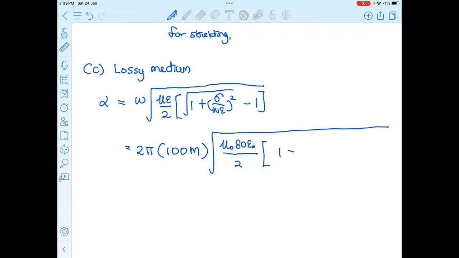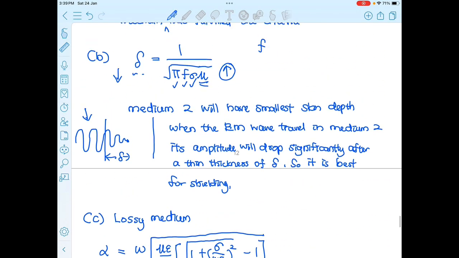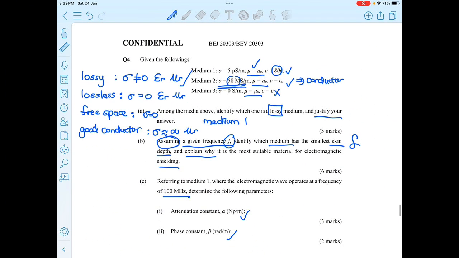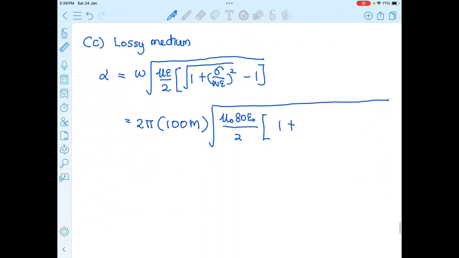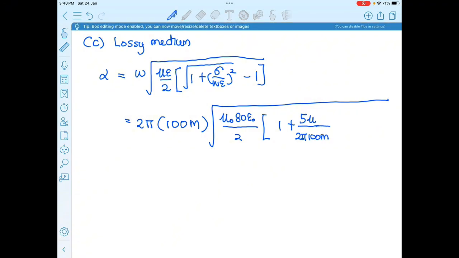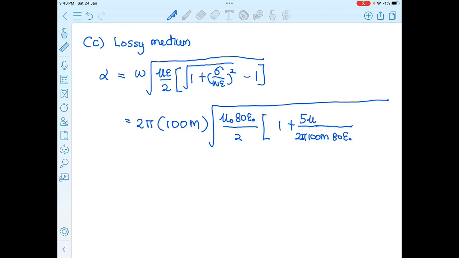Okay, so you have 1 plus sigma, where sigma is equal to 5 mu, over 2 pi times 100 mega, and then 80 epsilon naught, right? And then minus 1. Okay, you can do the calculations.